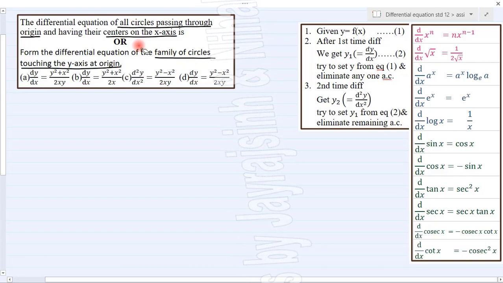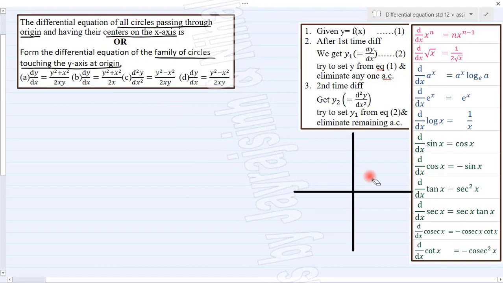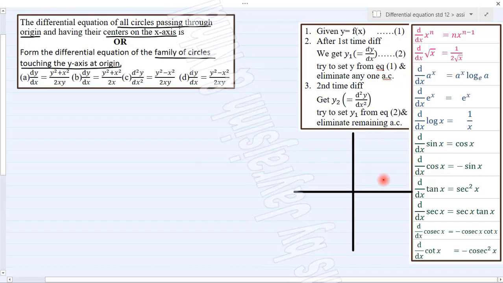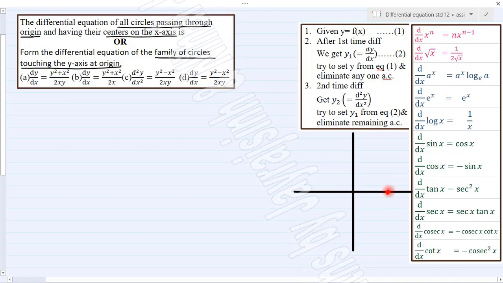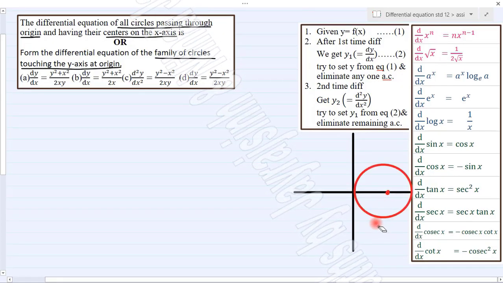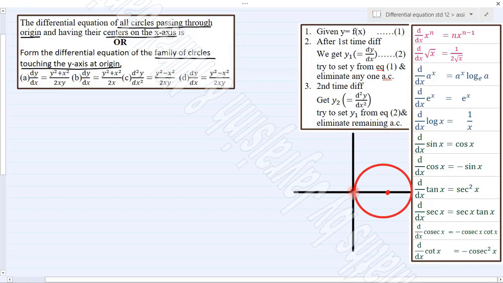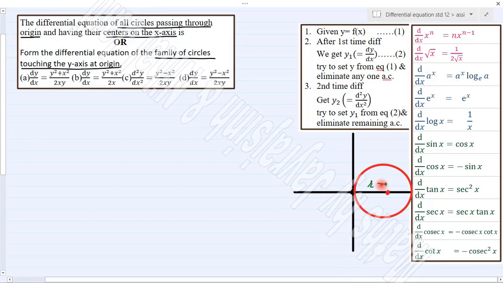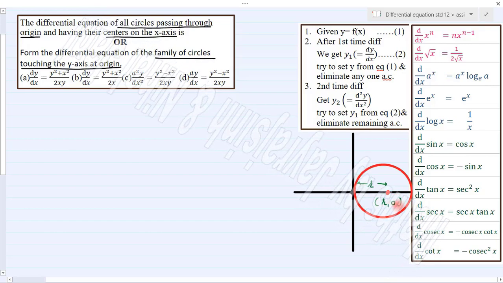Now, before we go for the equation, let's consider our xy axis. Now, if you have to draw a circle having center on the x-axis and passing through the origin, or we can say touching the y-axis at the origin, with radius r, then its center must be r, 0.